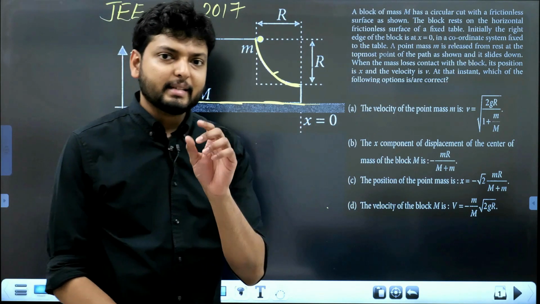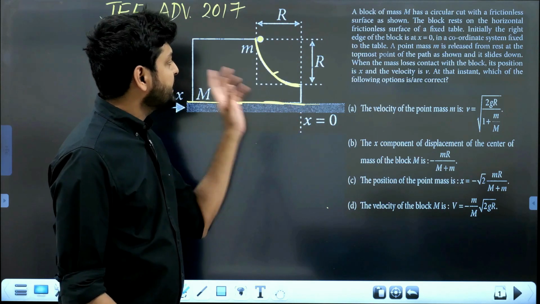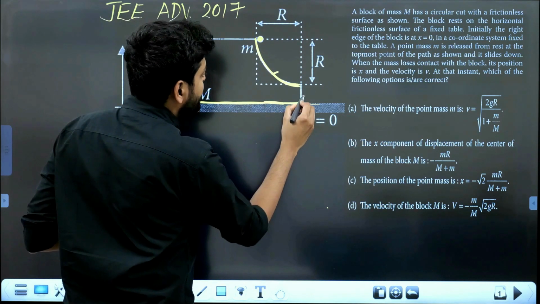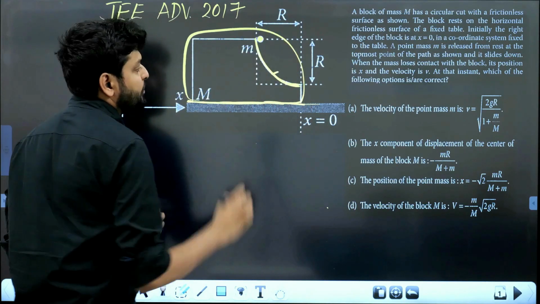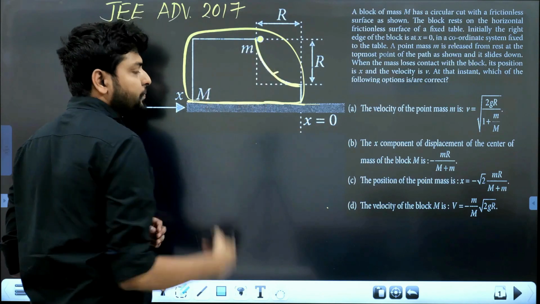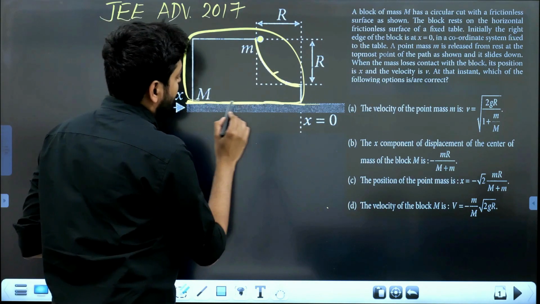The first and most important concept is that I can take the system as this big block plus the point mass. If I take these two as the system, then the system is resting on a frictionless surface.